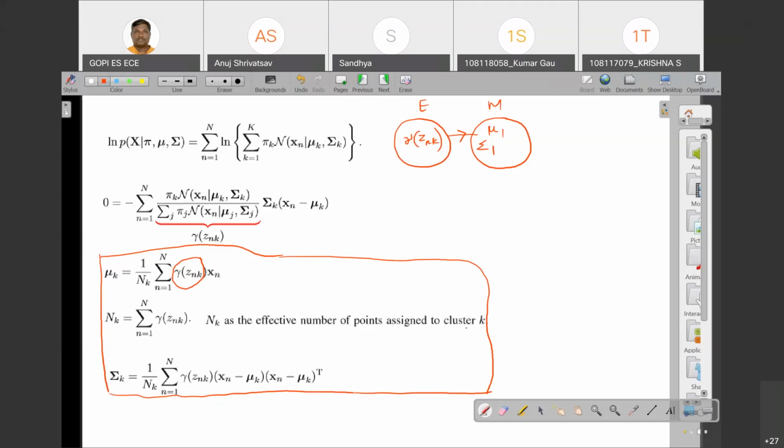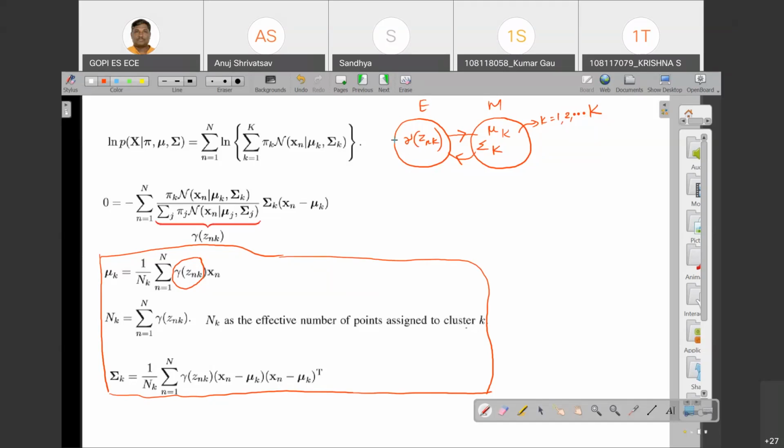So in fact we have mu k, sigma k for all values of k. Let us say if I have K states, you have these up to K. This will help you to estimate this gamma, and you get this as an iterative thing. So here also we have the expectation maximization algorithm. In the expectation stage, we have this gamma alone, not like HMM where we had gamma, zeta, alpha, beta, everything.